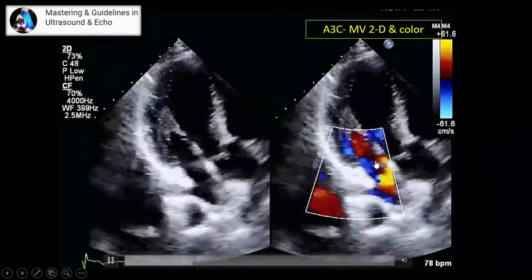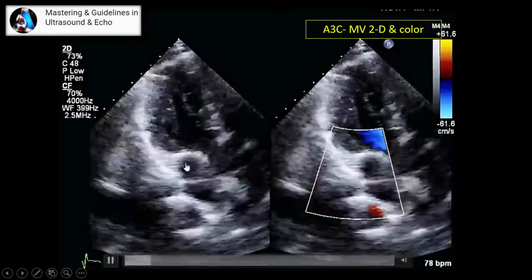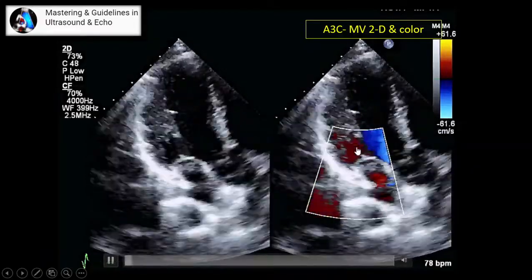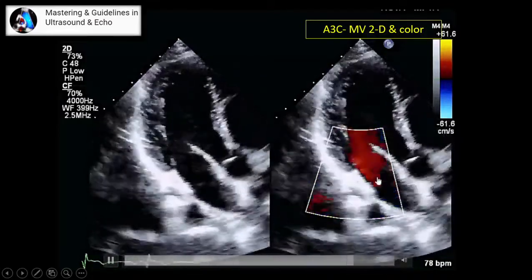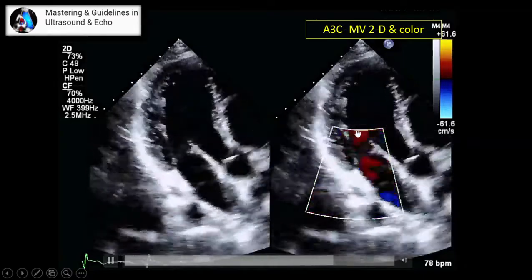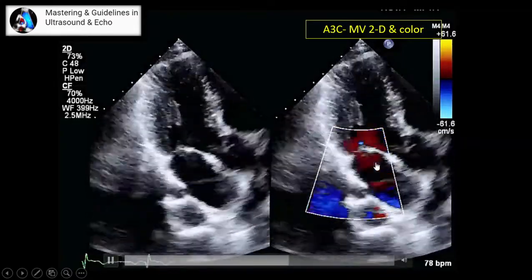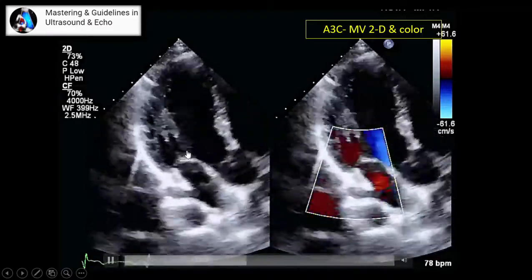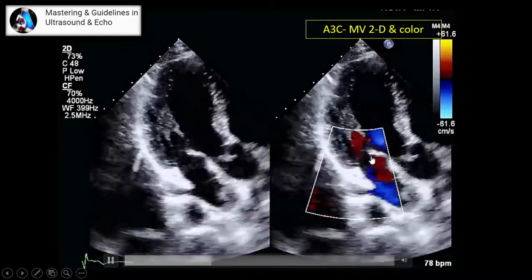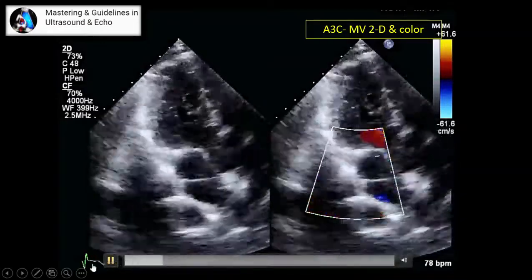In many cases, actually in most cases, apical 3 gives you the best window for evaluation of the jet on the mitral valve. That is the best, because you can almost get the jet parallel to the ultrasound wave, and with a little fanning, heel-toe, you can catch any degree of mitral valve jet.